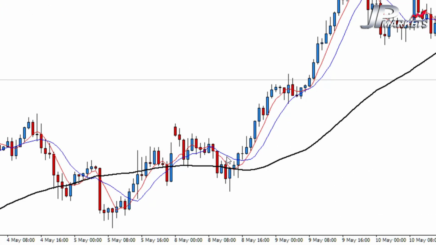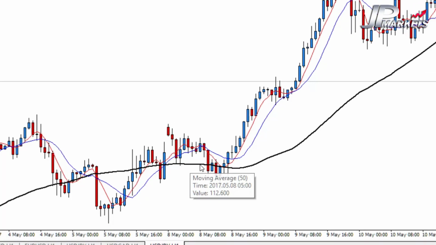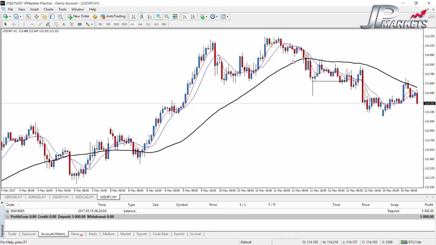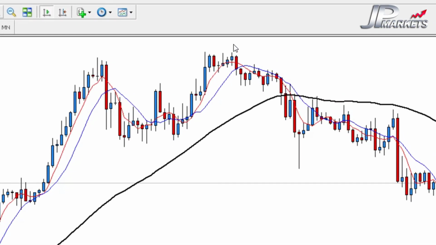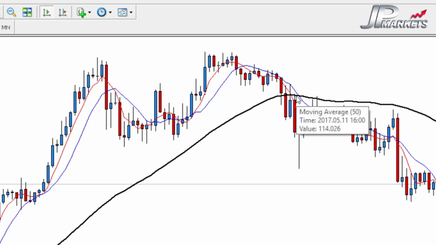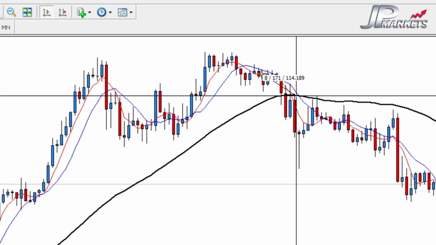The 10, which is the blue one, is lagging a little bit. And the 50 moving average lags a lot. For example, here we can plainly see that the market hit a high and it's been coming down ever since. However, the 50 moving average only started tilting down around here, which is about 14 candles late.